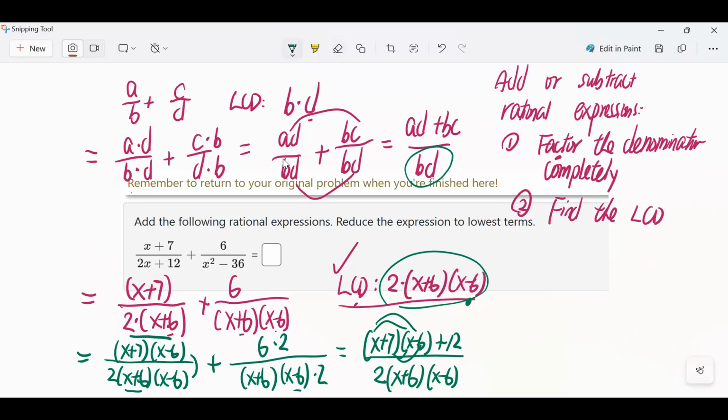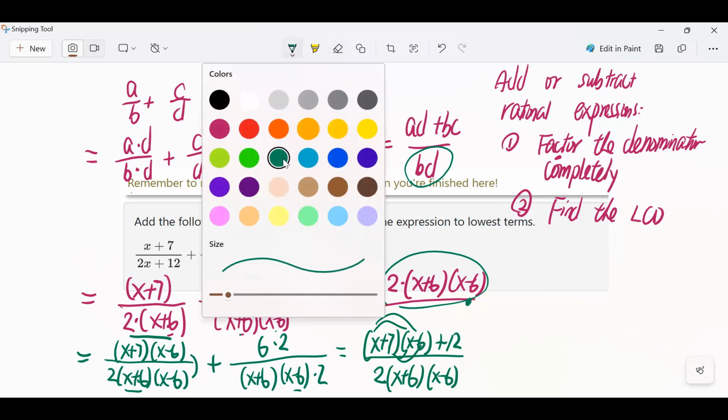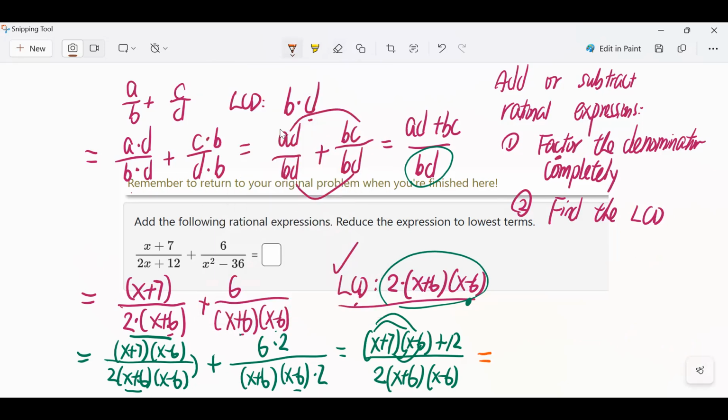So once you distribute this, we're gonna get x squared, adding 6x, adding 7x. It's basic algebra, right? Minus, no, actually minus 6x. All of the sign here. Because x times minus 6 is minus 6x.